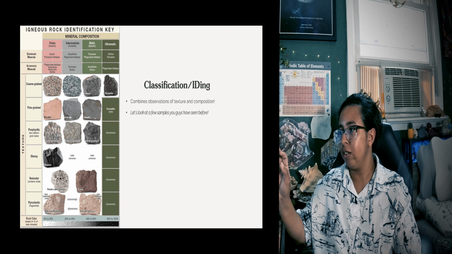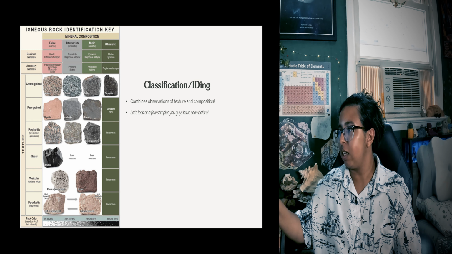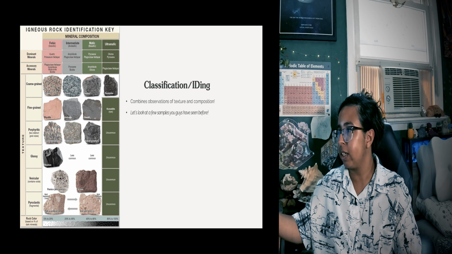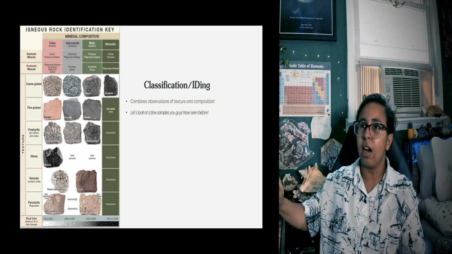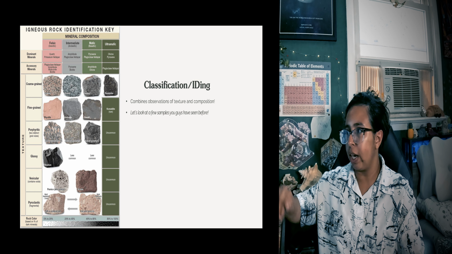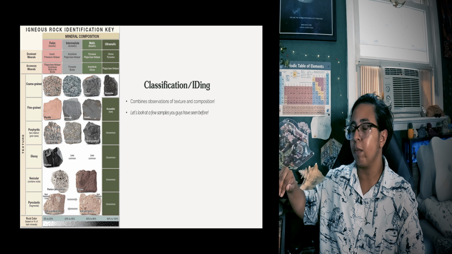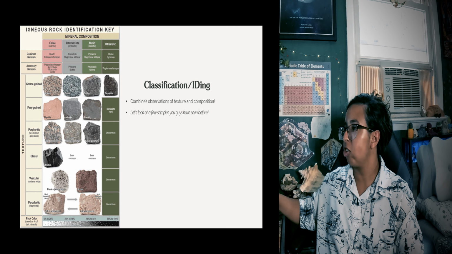So it's just going to show you the varying textures from coarse grain to pyroclastic along the, I would call it the y-axis if this was a graph, and along the x-axis is mineral composition, and that ranges from felsic to ultramafic.